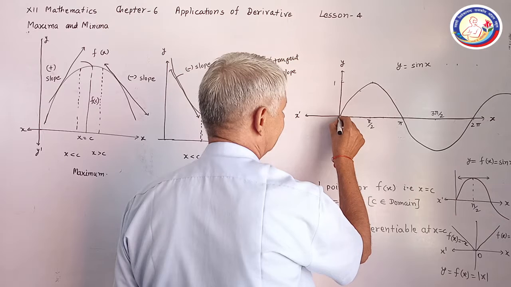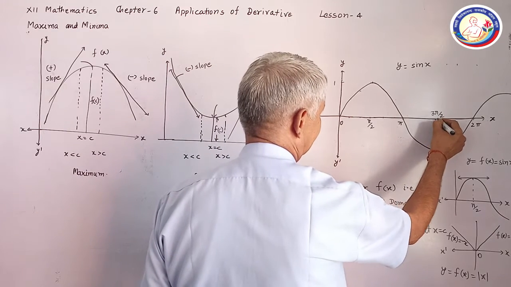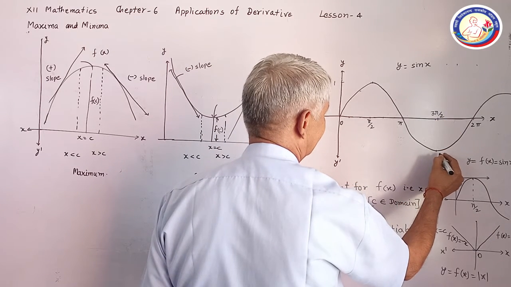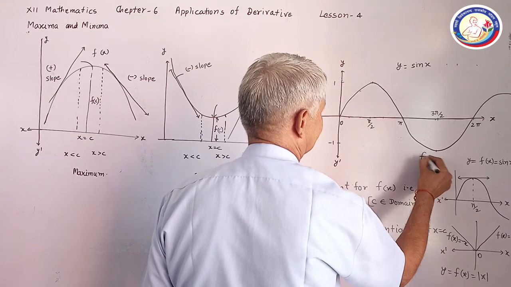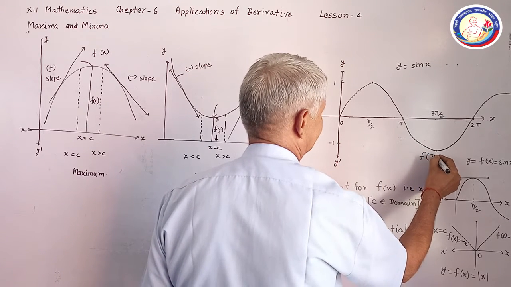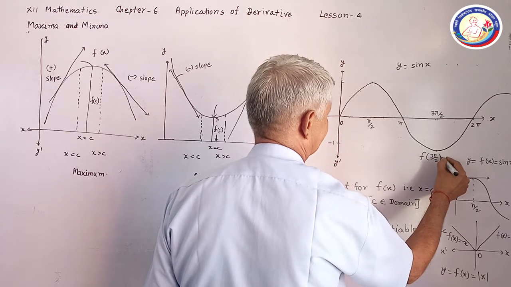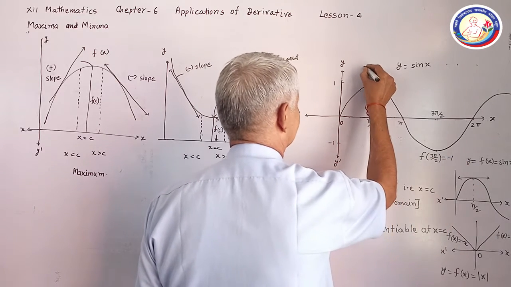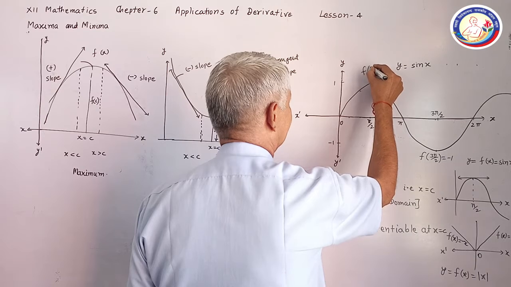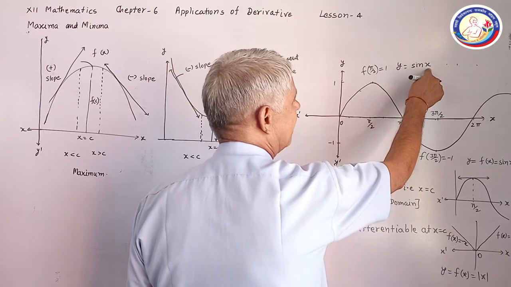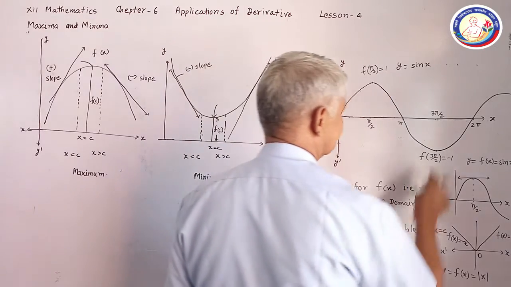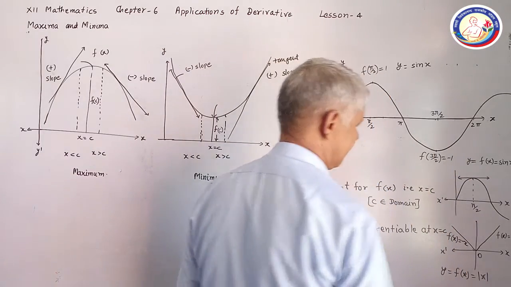At 0 degrees, it is also 0. At x equal to 3 pi by 2, it is minus 1. Sin pi by 2 is 1 here, and sin 3 pi by 2 is minus 1 here.